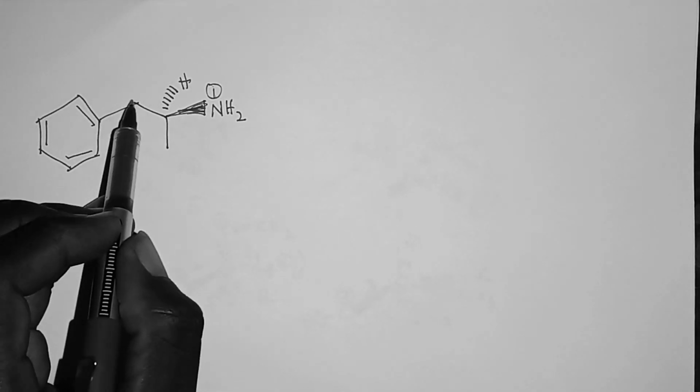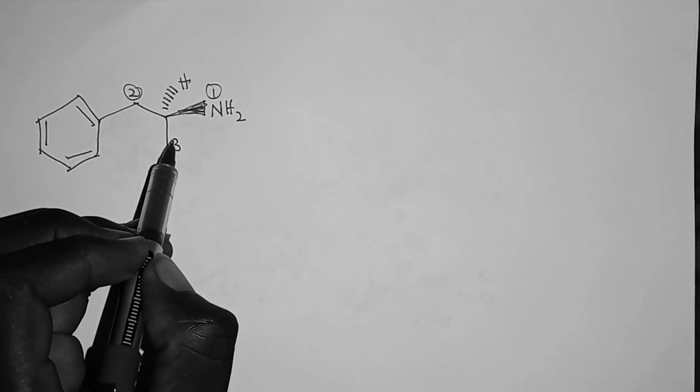Let's determine the configuration in this situation. Which one becomes first? Nitrogen has the highest atomic mass among these, so nitrogen becomes number 1. And then you can see that this is CH2, this is CH3.